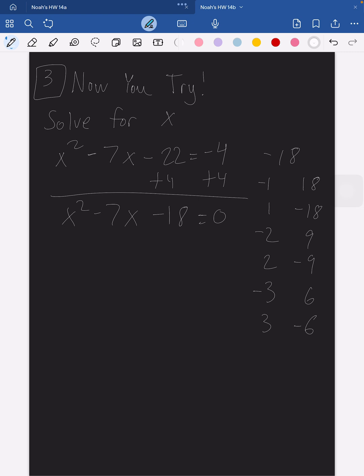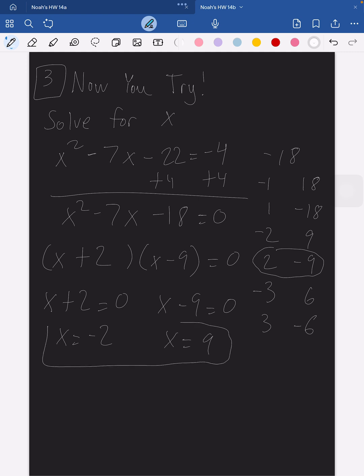Now, the factors that will add up to negative 7 will be 2 and negative 9. So when we go ahead and set this up, it'll be x plus 2 times x minus 9 is equal to 0. We're going to set each factor equal to 0, and then we get x is equal to negative 2 and x is equal to 9. So that'll be the solution.